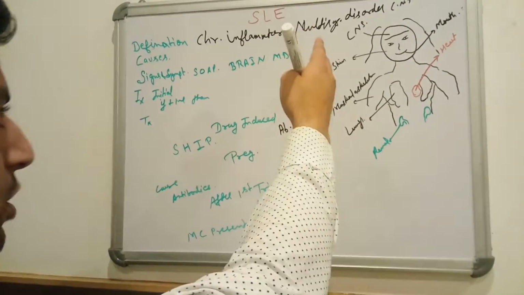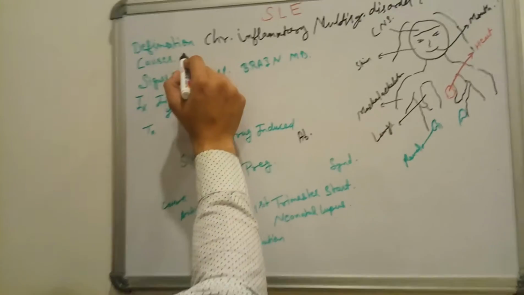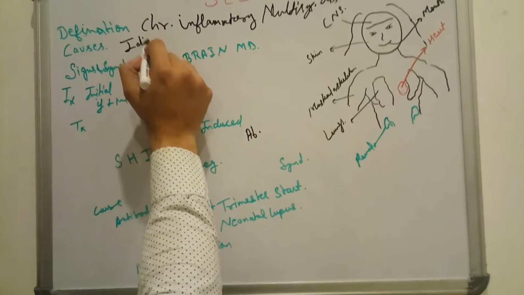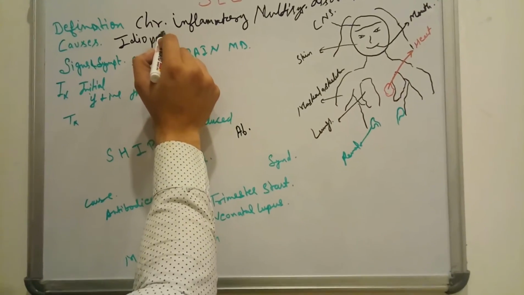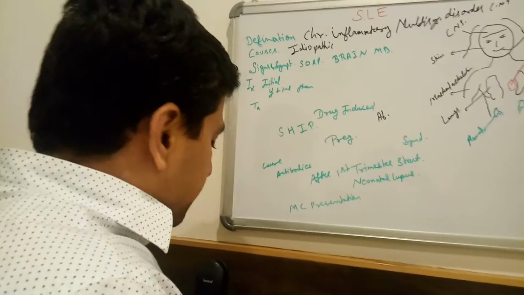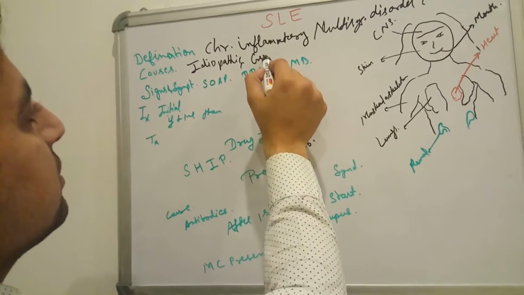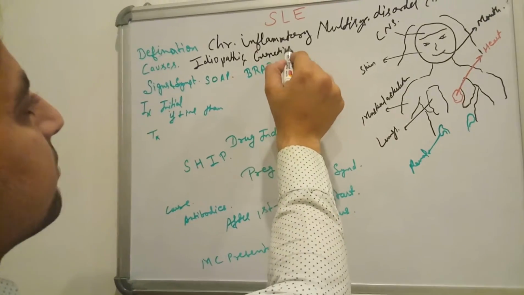So my dear friends, it's a multisystemic autoimmune disease. If you think about the causes, they are idiopathic. Idiopathic means nobody knows what the cause was, but in some cases genetics also is involved, my dear friend, genetics.